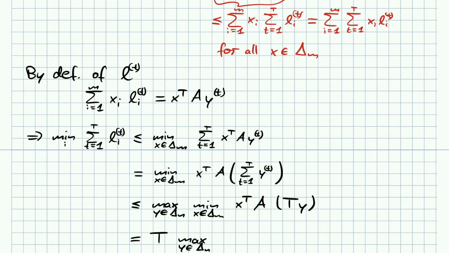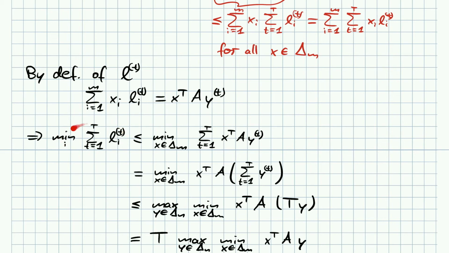Just once again, the reminder that we have a capital T as well as the transposed sign. So this means x is being transposed. This means it's really a capital T, the number of time steps that we have. And to me, what this means is that in our original game, we had the row player or the expert's algorithm playing against this row player who was always doing the worst thing to the expert's algorithm.